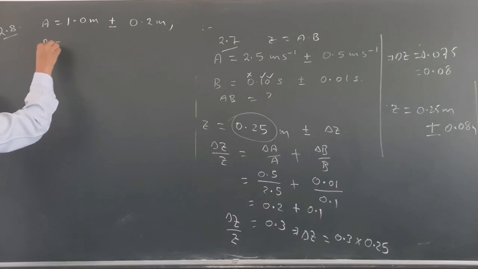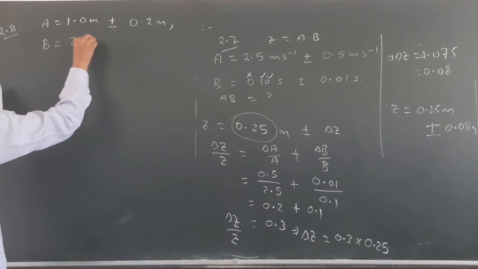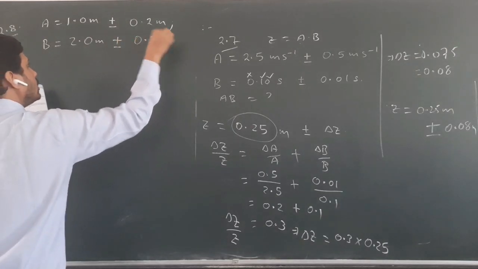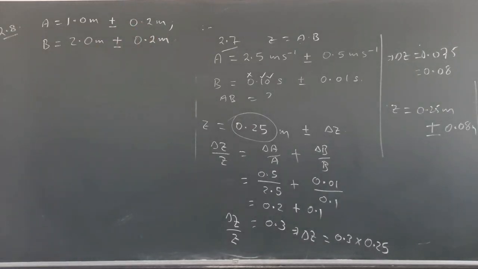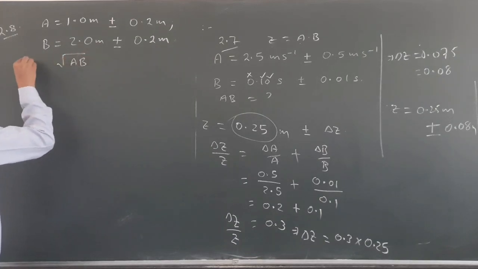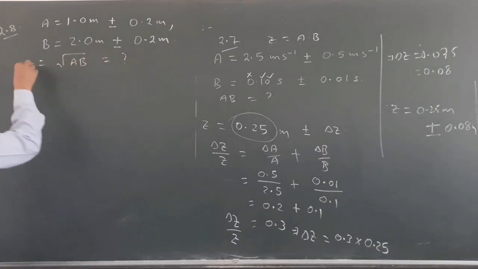And there is another quantity B, 2.0 meter plus and minus 0.2 meters. We should report correct value for root AB. We have to find root AB. 4 options are given. So I will take root AB as Z.